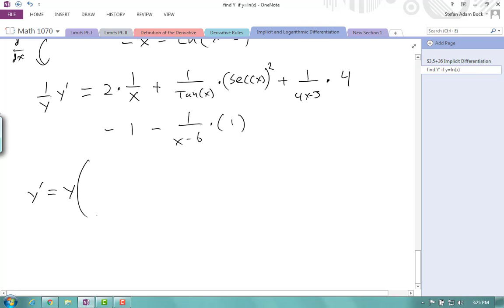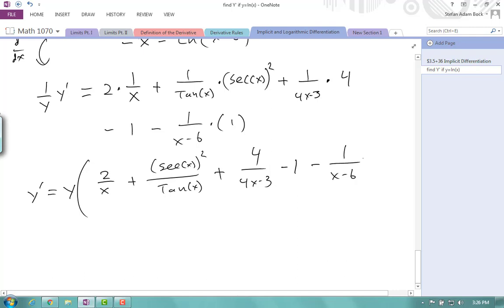Which means my y prime is equal to y times 2 over x plus secant of x squared over tangent of x plus 4 over 4x minus 3 minus 1 over x minus 6.